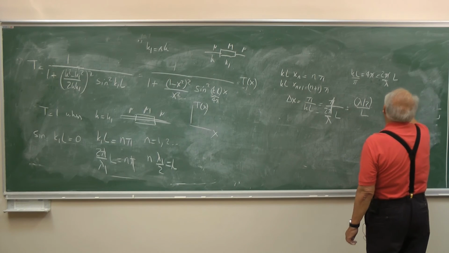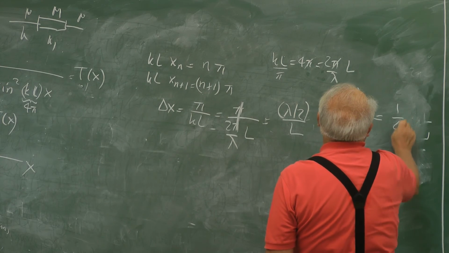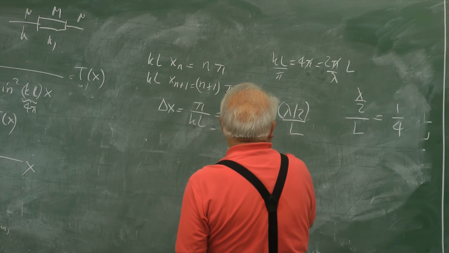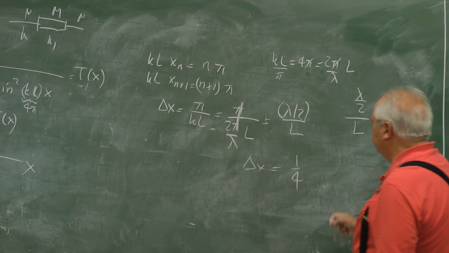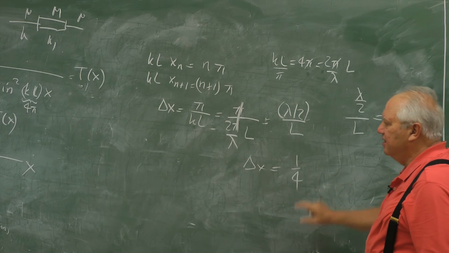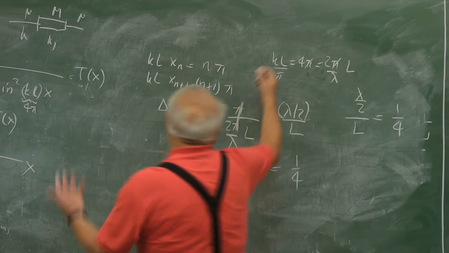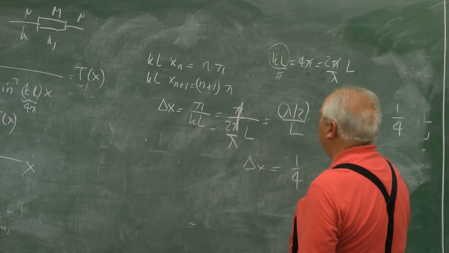So lambda over 2 divided by L is 1 over 4. So delta x is like 1 over 4. Namely, at every 1 over 4, we have a transmission resonance. I took, remember, just arbitrarily KL to be 4 pi.